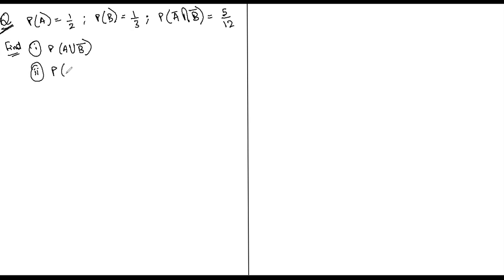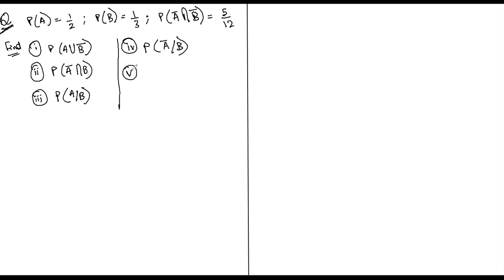Second, P of A complement and B. Third, P of A by B. Fourth, P of A bar given B. Fifth, A union B bar given A union B. Sixth, probability of A bar intersection B. Okay. Try these questions.